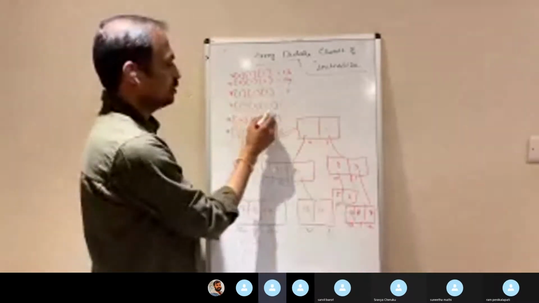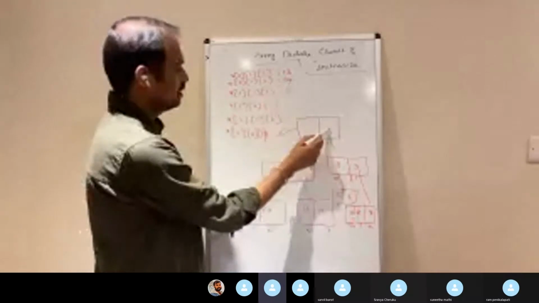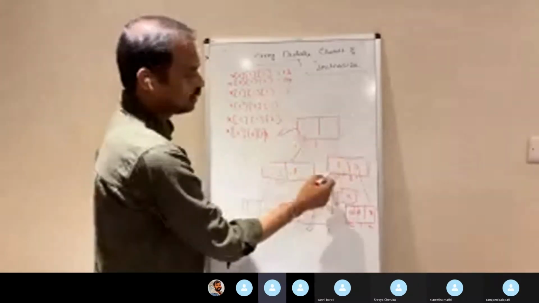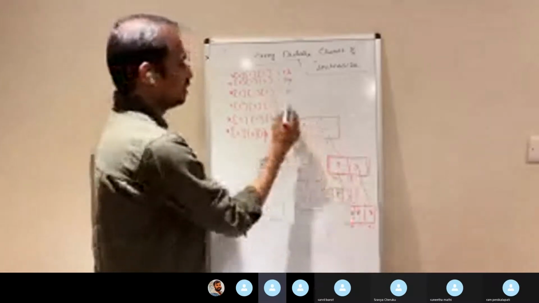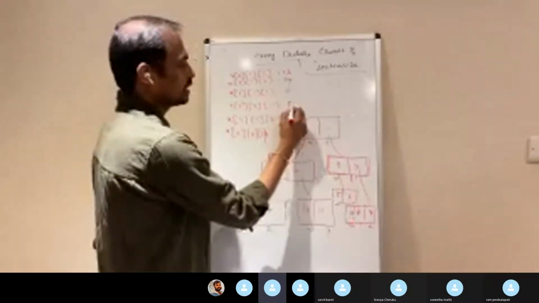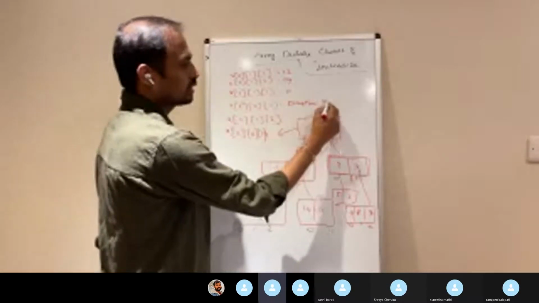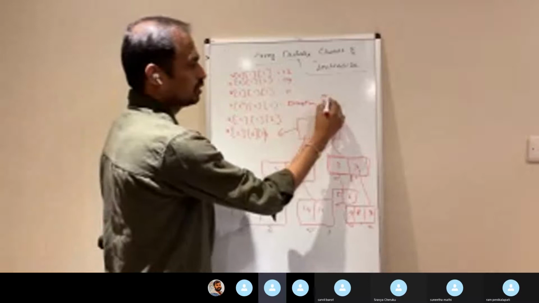x of 1, 2, 1. x of 1, this one. What is x of 2? We don't have x of 2. We have only 0, 1. So it's throwing an exception, an array out of bound exception.